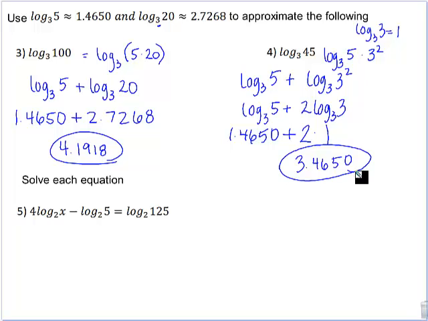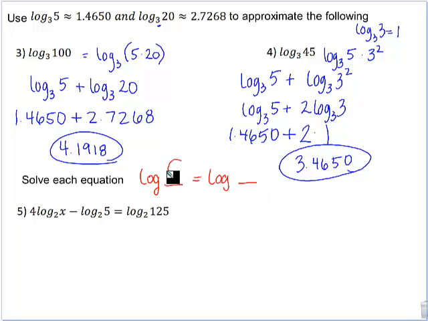All right, so now we are also going to do some solving using our properties. To solve using our properties with logarithms, our goal is to get some logarithm equal to a logarithm. So we don't want any numbers in front of the logs. We don't want any adding or subtracting in there. We want one logarithm equaling one logarithm.